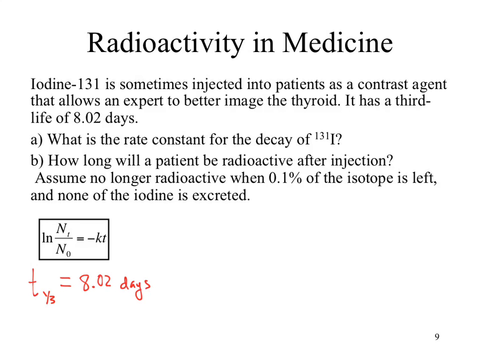Do I know anything at the third life other than it's 8.02 days to get there? What is the concentration at the third life, or the number of radioactive nuclei at the third life?